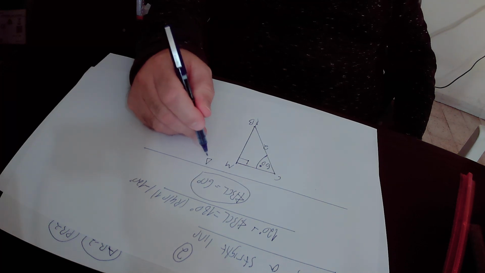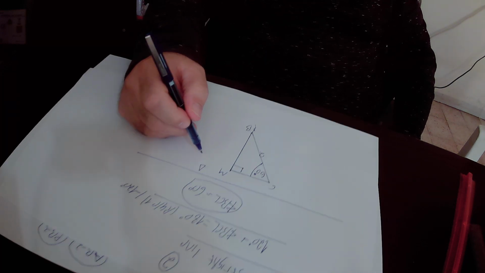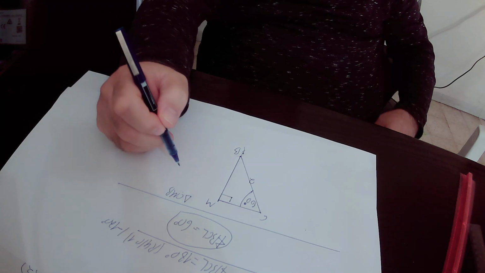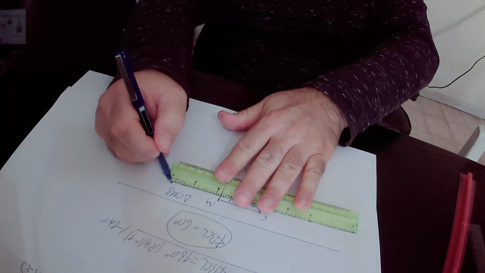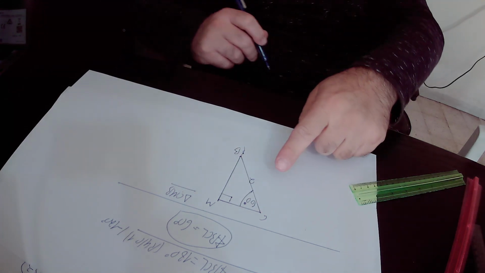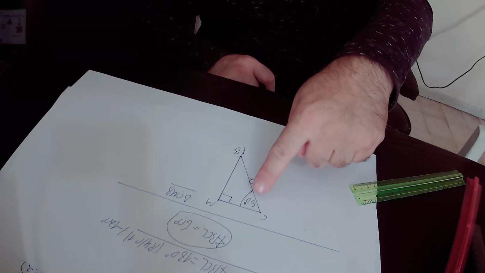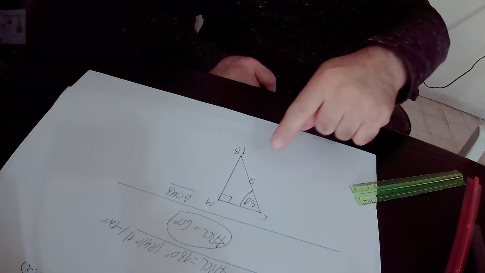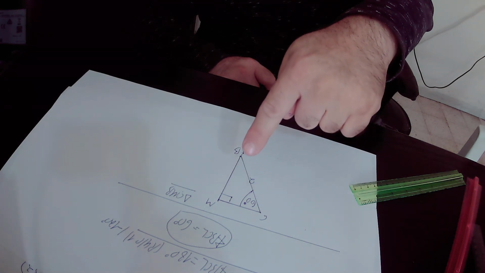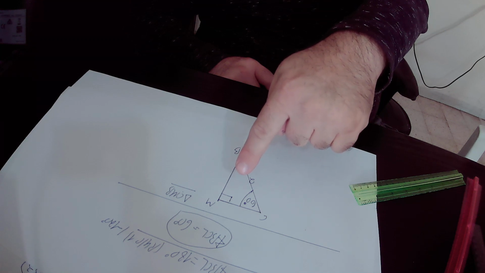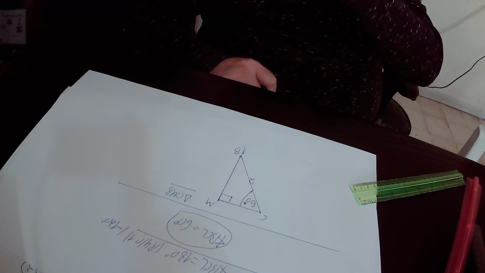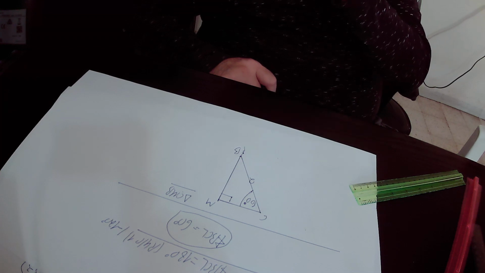So this is actually the right triangle, triangle CMB, that I copied from the original drawing. Angle BCM or MCB equals 60 degrees according to rule number 1. Angle CMB equals 90 degrees according to our construction.